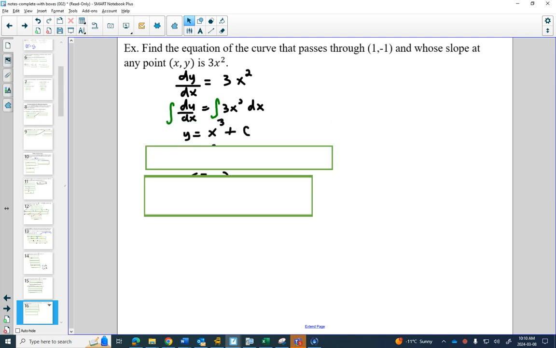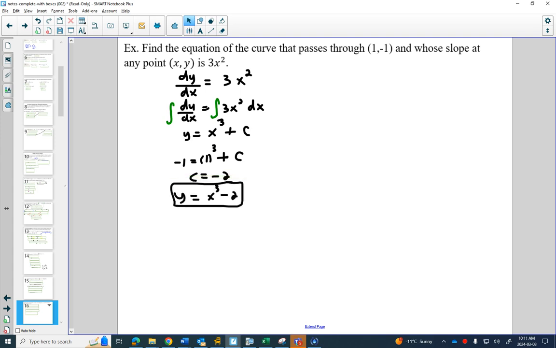And of course, you'll get a plus C, which now that you know you have a specific point, you can plug that in and solve for C. And get x cubed minus 2 as the equation.